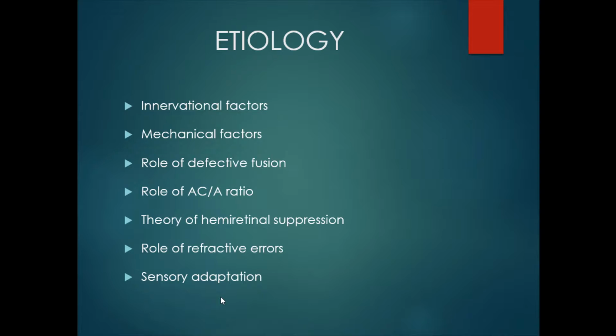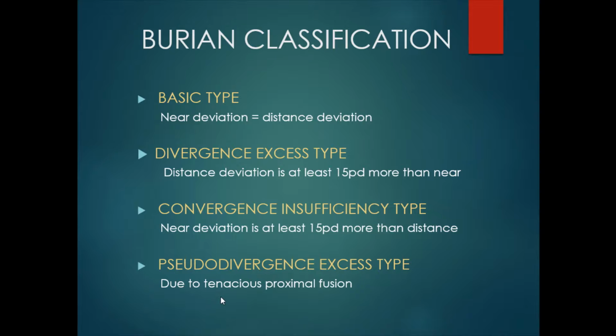Again, the accommodative convergence comes into play here, and sensory adaptations have a role in etiology. The classification is very important because based on the classification, you decide upon the surgical management. So these are the types.